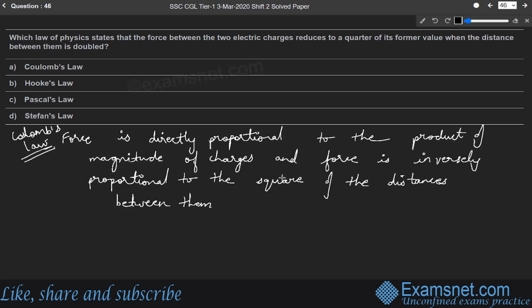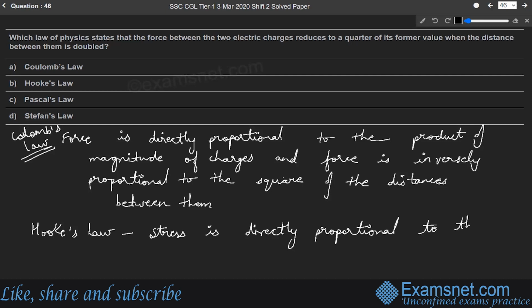Second is Hooke's law. According to Hooke's law, within the elastic limits, stress is directly proportional to the strain produced in any body. Next is Pascal's law.